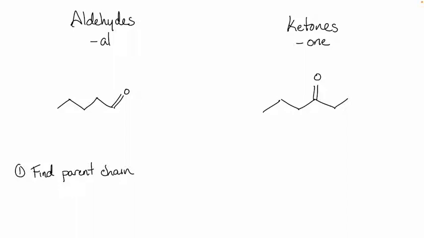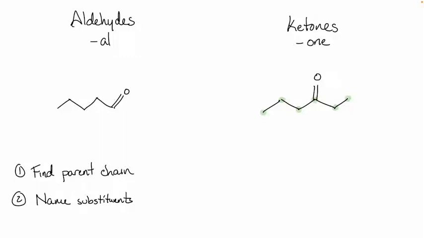Really the second step, although it doesn't apply in this case because there aren't any, is we would name our substituents, whatever's hanging off the parent chain. So in our ketone here, I'm going to find my parent chain, my longest continuous set of carbons. That would be 1, 2, 3, 4, 5, 6.